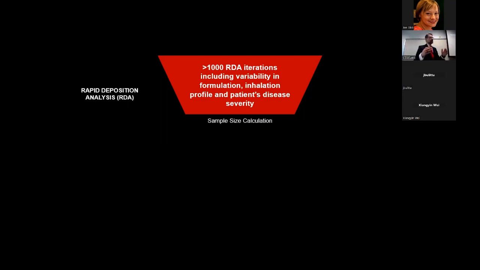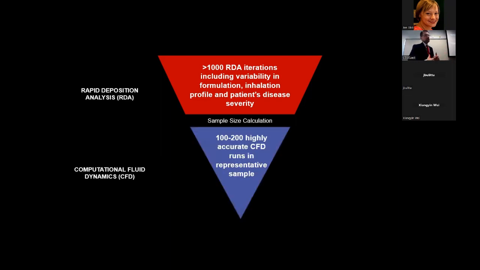We can then use that as a basis for a sample size calculation and then follow up with the more advanced computational fluid dynamics to include evaporation, the physics, the actual geometries of the inhalers, etc., such that at the end of the day, you have an in silico approach that reflects as closely as possible the true clinical situation that you might have when you actually perform a clinical trial.